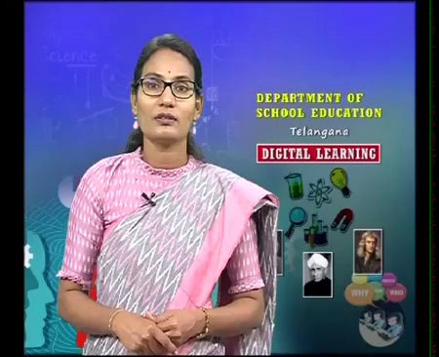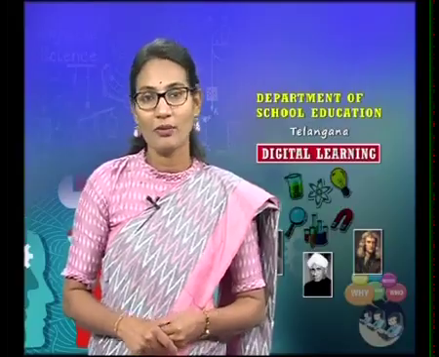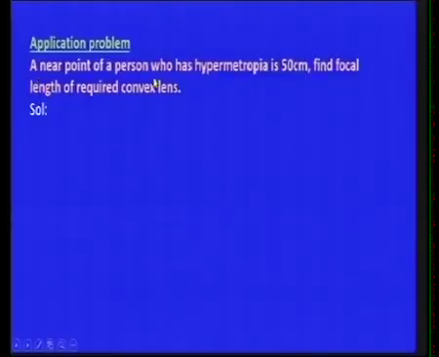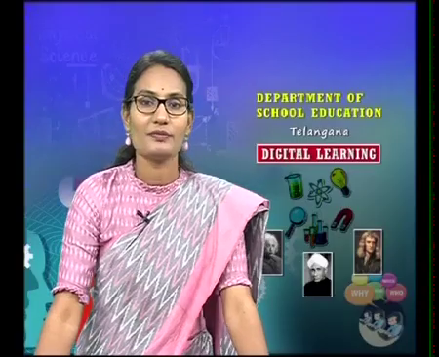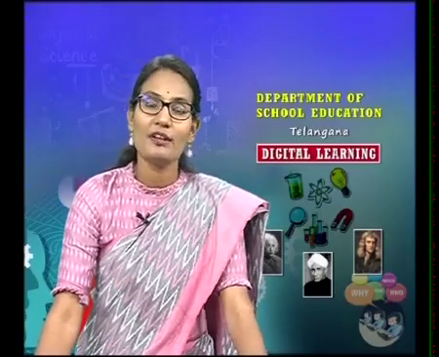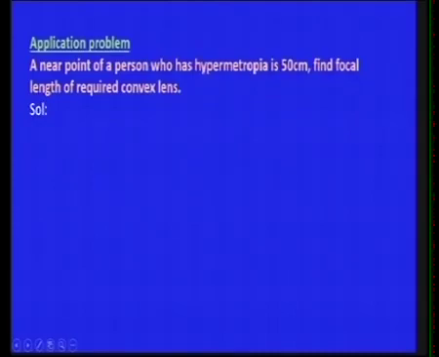Understanding this formula, let's do a small application problem. The near point of a person who has hypermetropia is 50 centimeters. Find the focal length of the required convex lens. Solution: here the near point value is given as 50 centimeters, children. We have the formula f equal to 25d by (d minus 25).